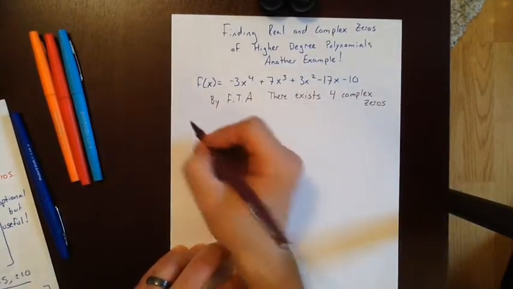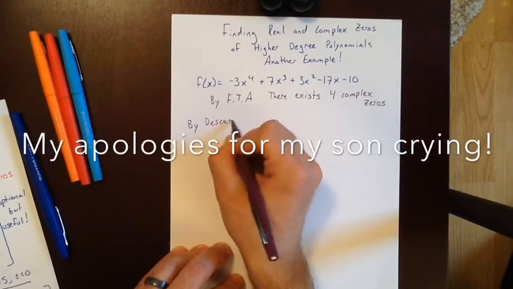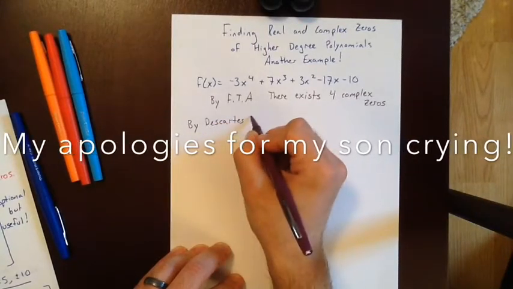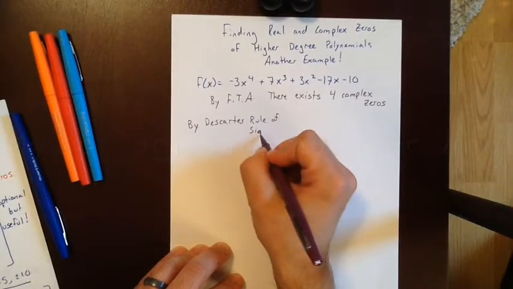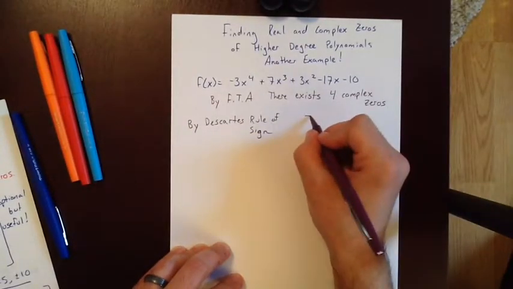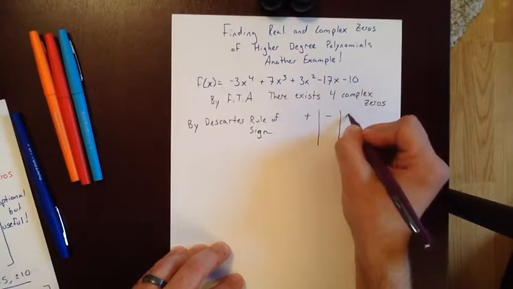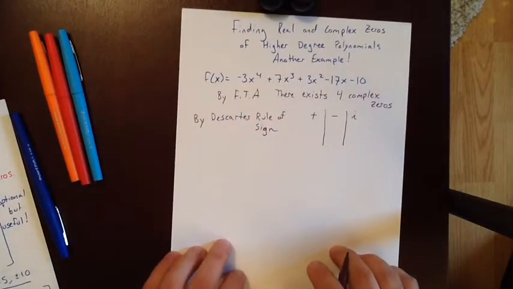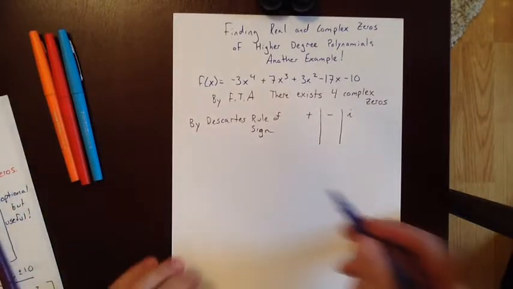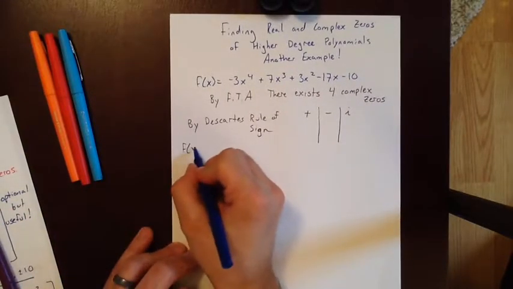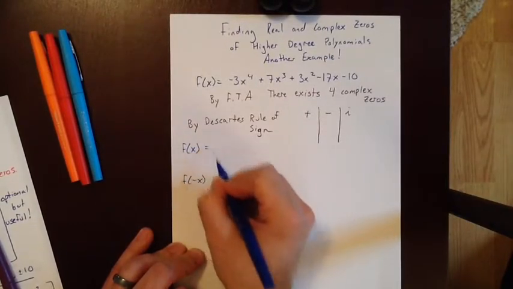And with that, we then use Descartes' rule of sign. And this will help us understand what kind of zeros we have: positive, negative, or imaginary. To complete this table, we have to examine both the original function and the f of negative x, alternate.